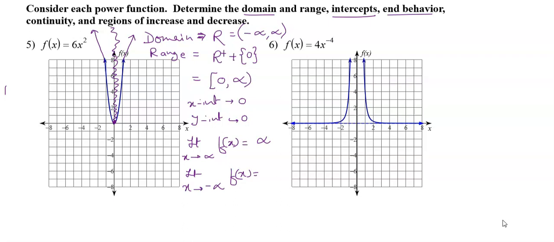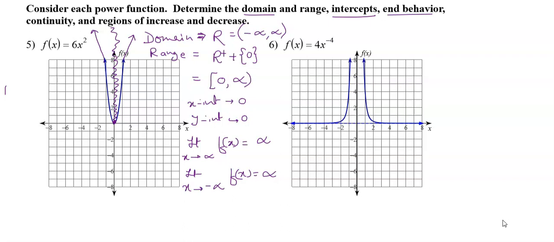It keeps on going upward, right? So when x is very small, then f(x) is again very large, which is infinity. So the end behavior of the function is always infinity at x tends to infinity or x tends to minus infinity.